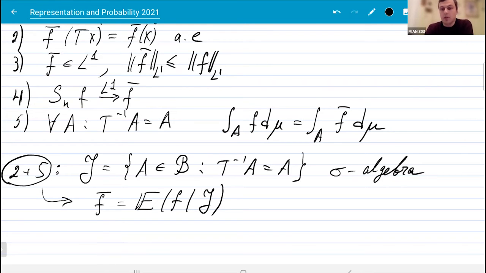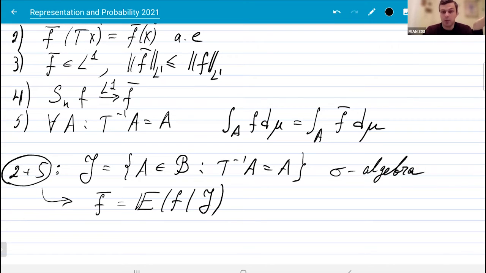Because if you recall, the definition has two parts. The first part is that it is measurable with respect to G, and this is just property number 2. It says that the set of x such that f bar takes some value or some values in some subset is T invariant.